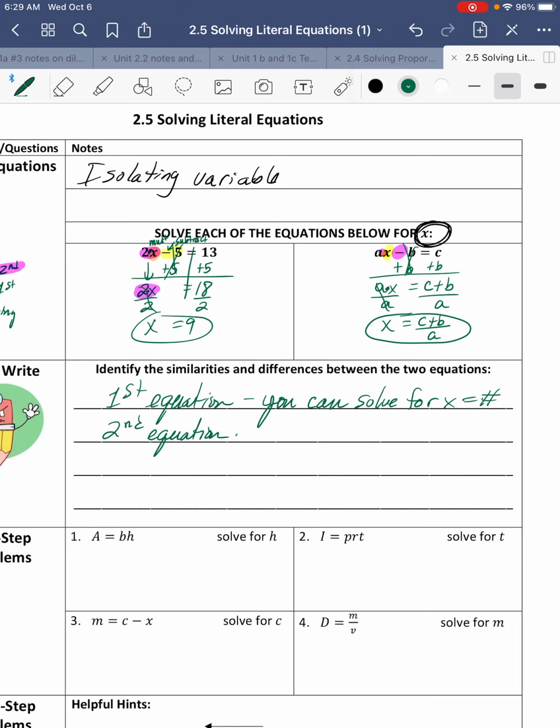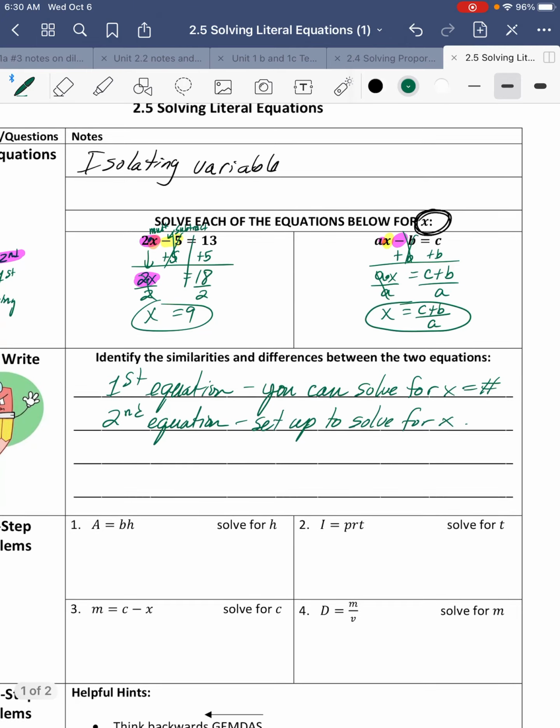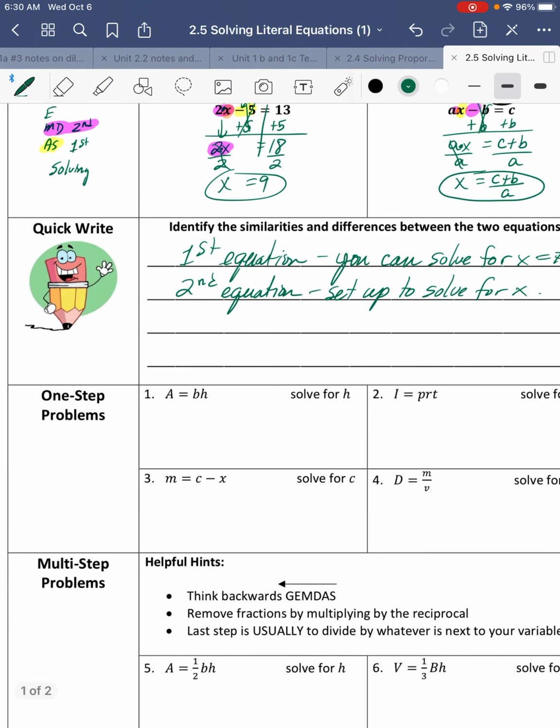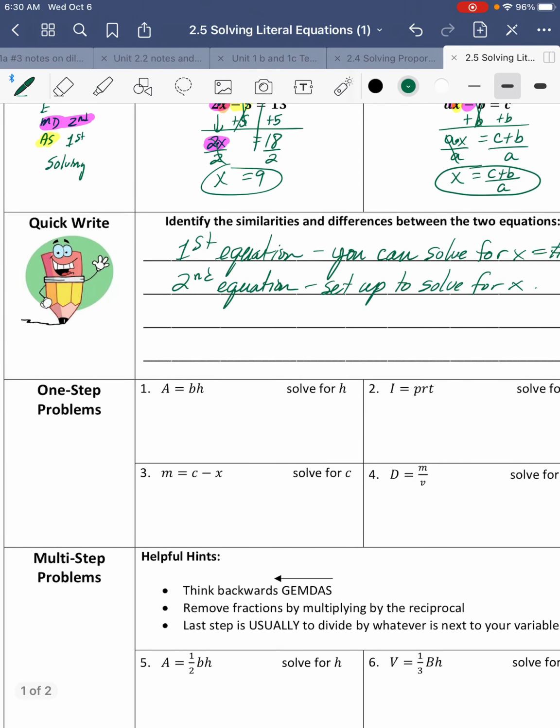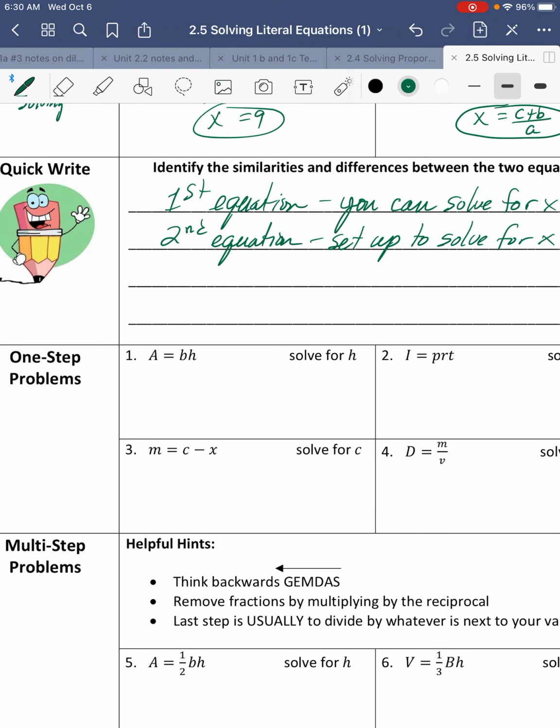The first one's x equals number. Second one is set up to solve for x, as long as you know c, b, and a. So it is set up. It is solved for x, but until we know what c, b, and a are, we don't truly know what x is. So let's try some problems here.